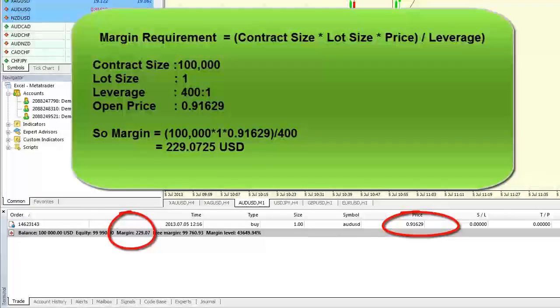In this example, the contract size is 100,000, which remains constant for all currencies. The lot size traded is 1, which is one standard lot. And the open price for the trade is 0.91629. The product of all these three divided by 400, which is the leverage of this account. This comes out to be 229.0725, which is the same as the margin that you see over here.